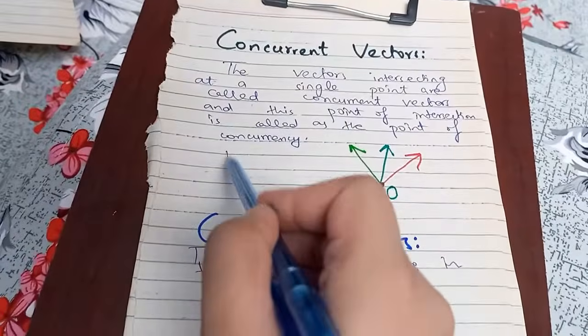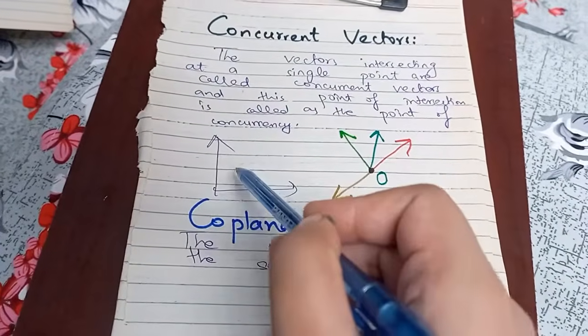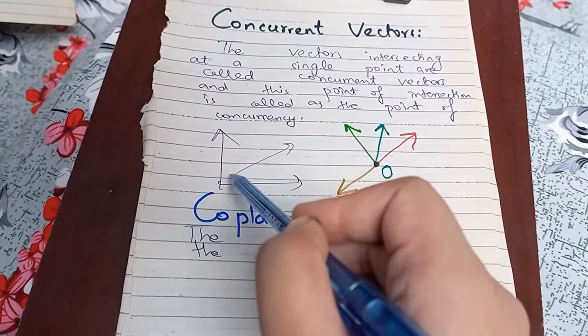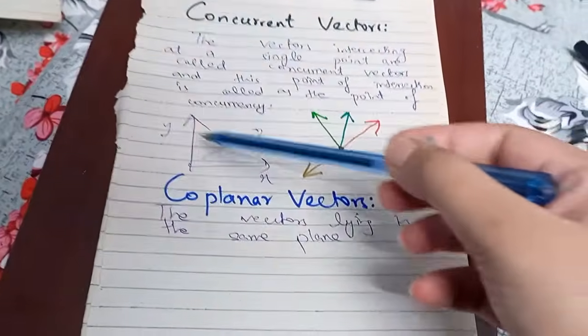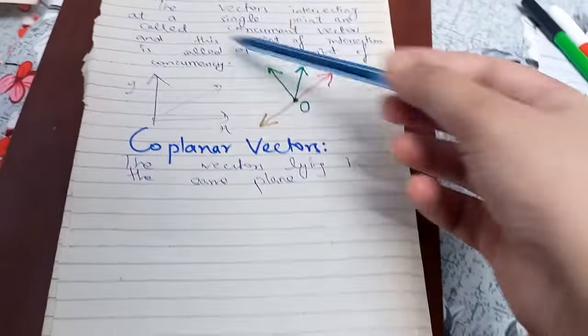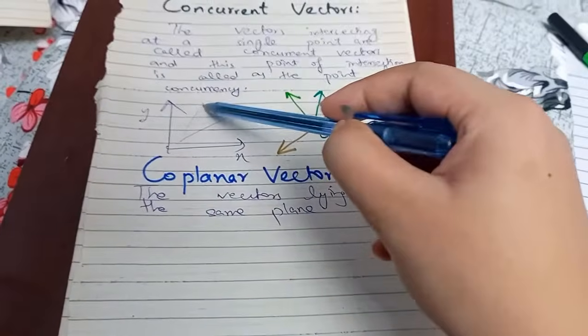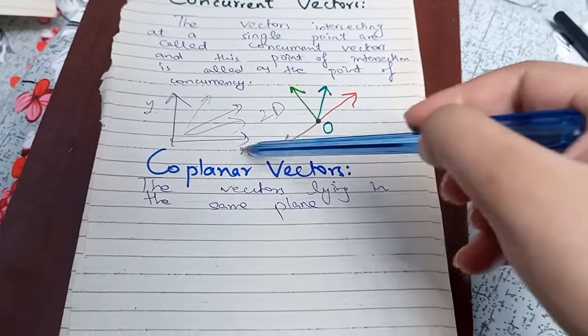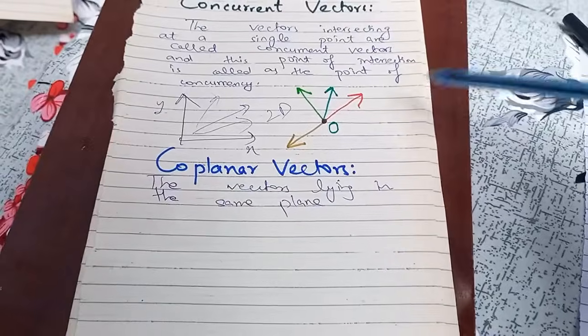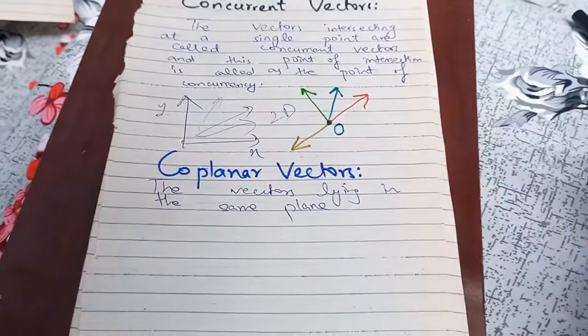Let's say if we have the xy axis, if all the vectors lie on the xy plane only, and all the vectors are two-dimensional along xy only, then they're all coplanar vectors.